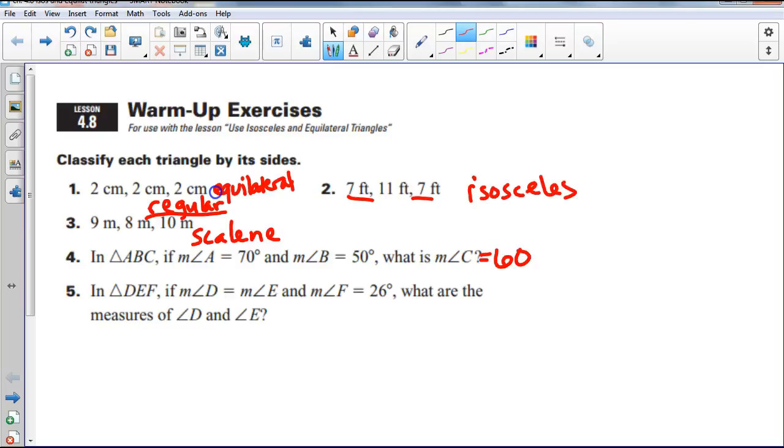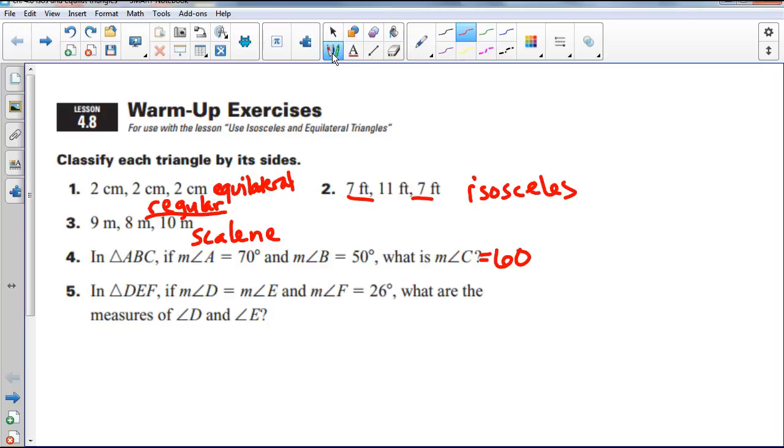And number five, in triangle DEF, if D is congruent to E and F is 26 degrees, what's the measures of D and E? Oh, I'm sorry. I think I read this wrong. One more time.